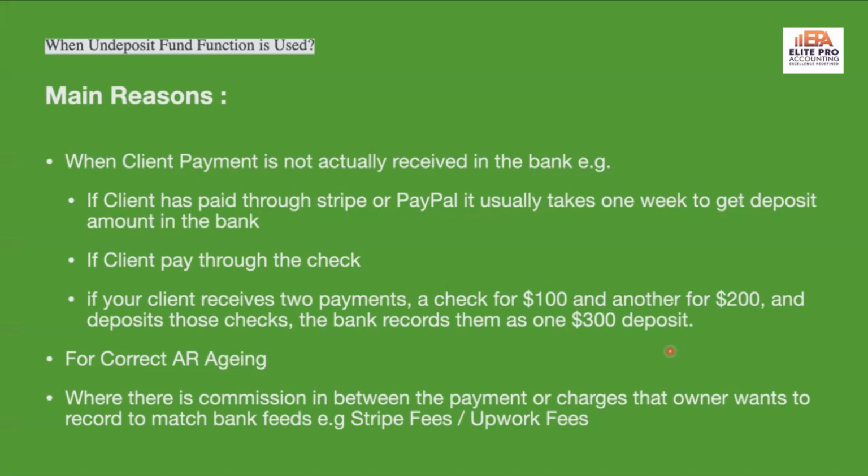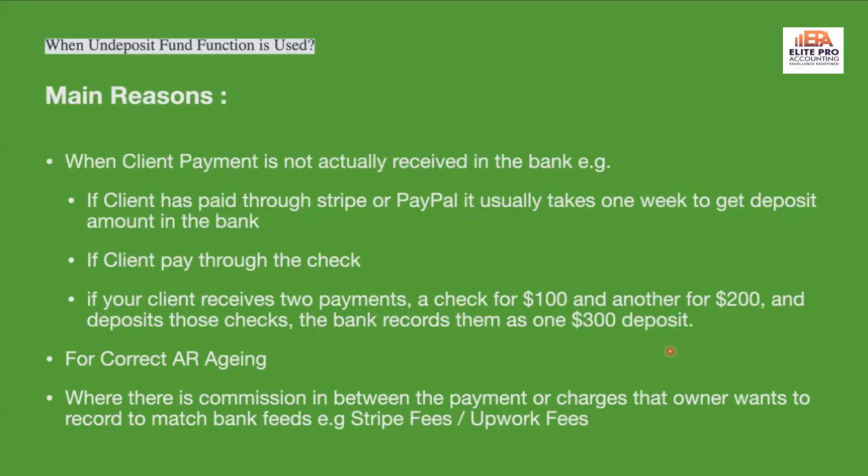So in those cases, you will transfer that money temporarily into the undeposited fund account, and once you receive the money, you knock it off against the amount in the undeposited account. This is one example of where you use the undeposited fund account.